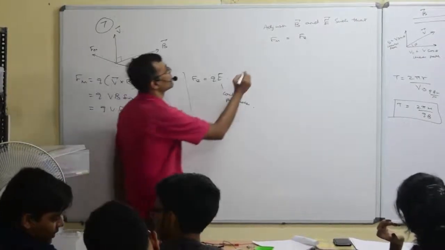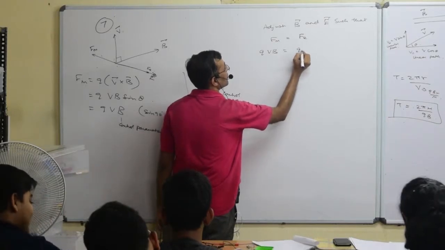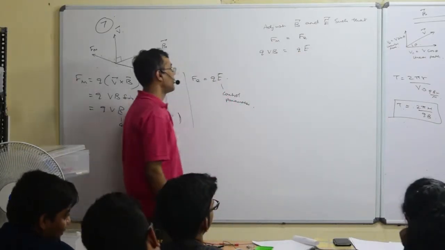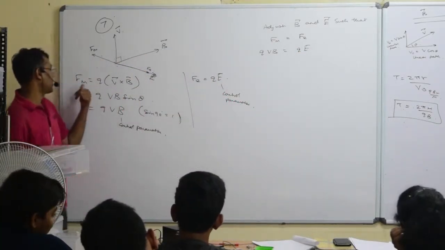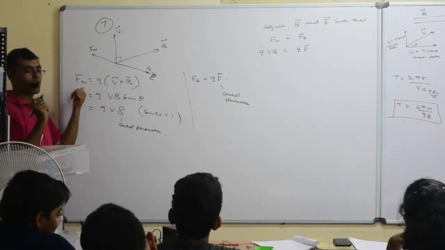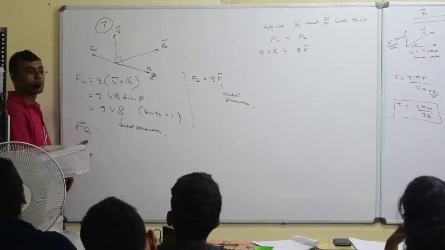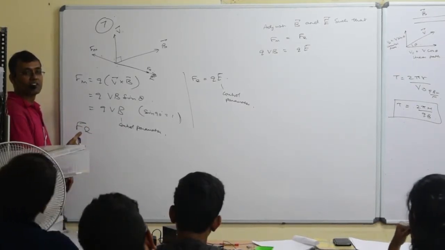So Fm is QVB, Fe is QE, right? Remember, these things are subscripts, right? Subscript means you have to write it a little bit small, right? Very often I see people writing like this, right? Is this subscript? This is ion symbol, right? Fe, right?